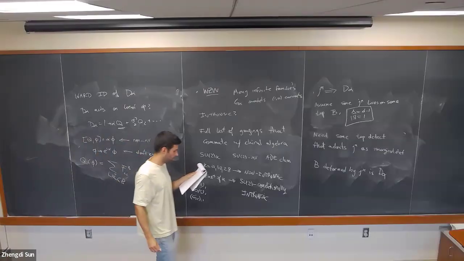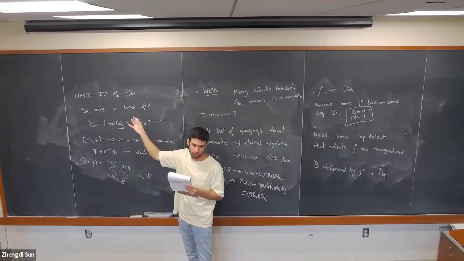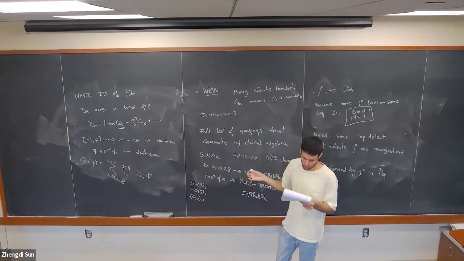More applications: there are applications that go beyond selection rules. Once you have a continuous symmetry, you'll have selection rules, but there are other constraints that you get from symmetries that are not just selection rules.